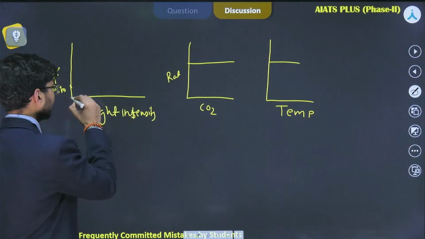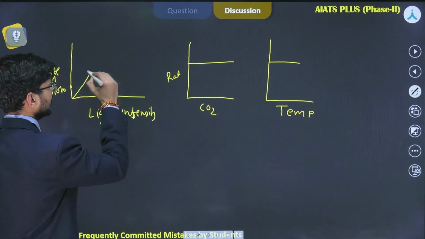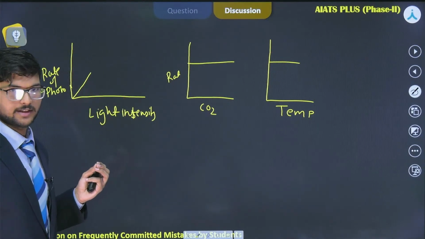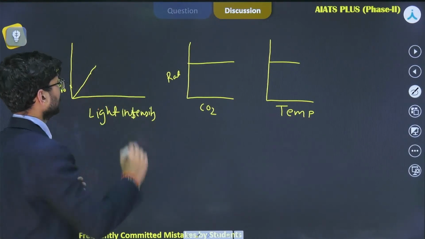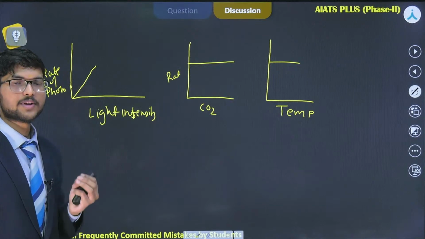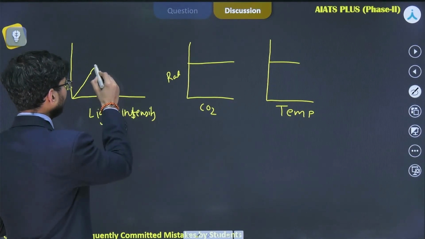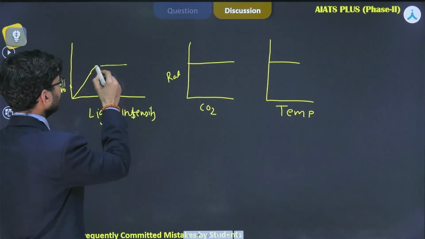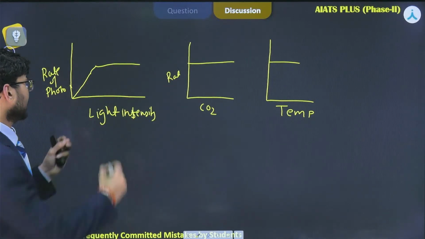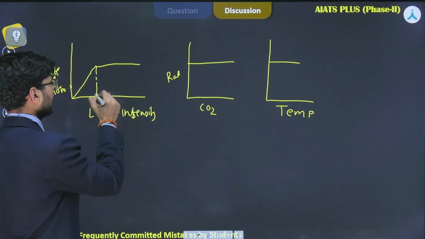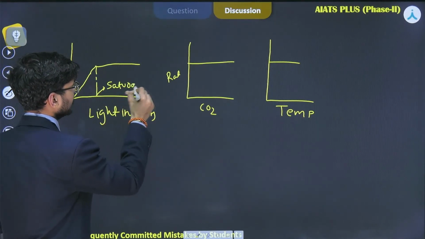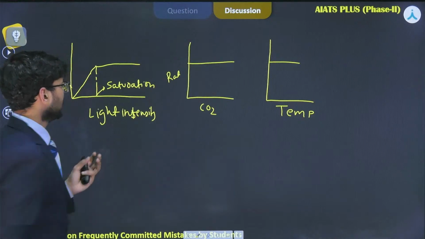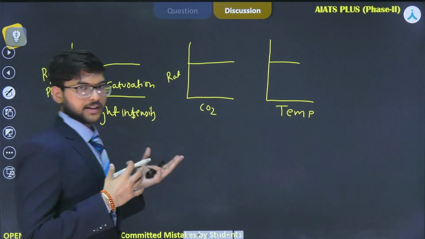As the intensity of light increases, the rate of photosynthesis increases, while at a certain point you will find that there is a limitation or saturation, and the graph becomes linear. That means this point on the graph is the saturation point. Now light is not the limiting factor here.